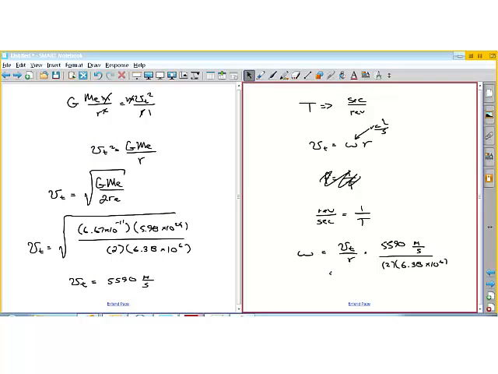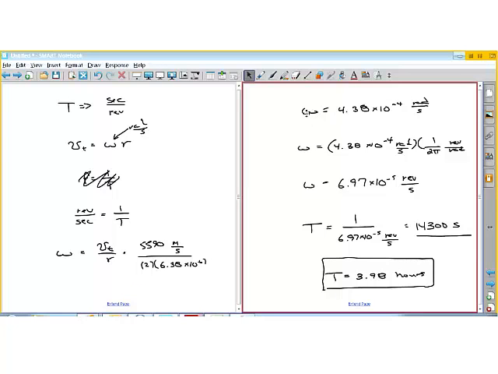Using that, I could calculate the omega, the rotational speed associated with that velocity, and it's just the tangential velocity divided by the radius.